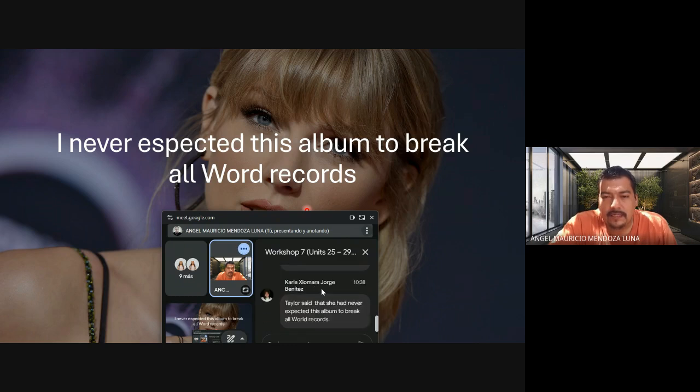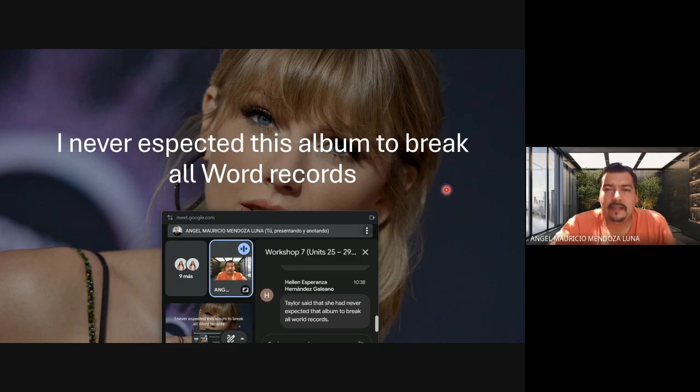Carla, Taylor said she had never expected this album to break. Ellen, Taylor said that she had never expected. Nice.